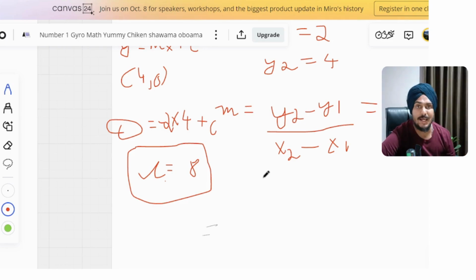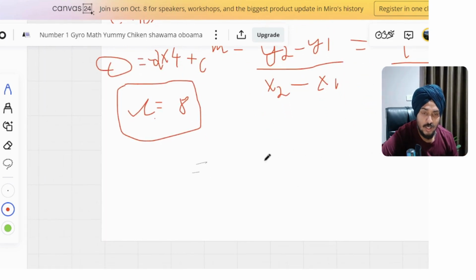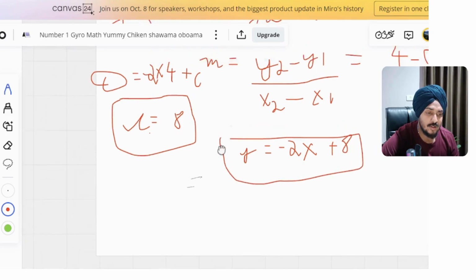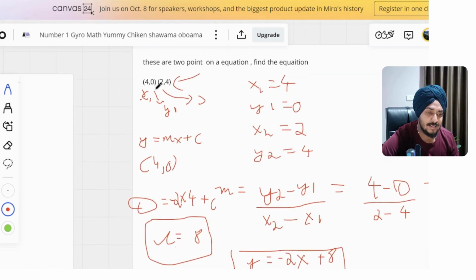You will move the 8 to the other side and the value will be 8. Right, we got the value of m and we got the value of c. So the equation will be y is equal to minus 2x plus 8. That is the equation.